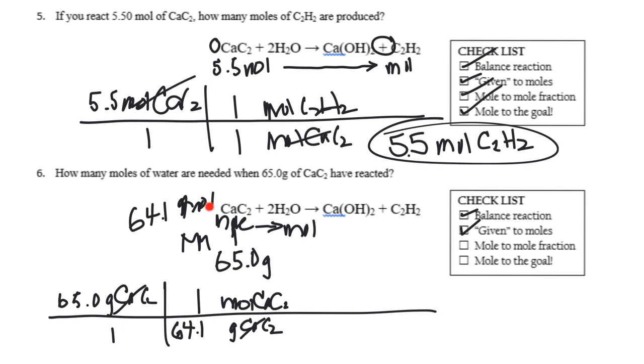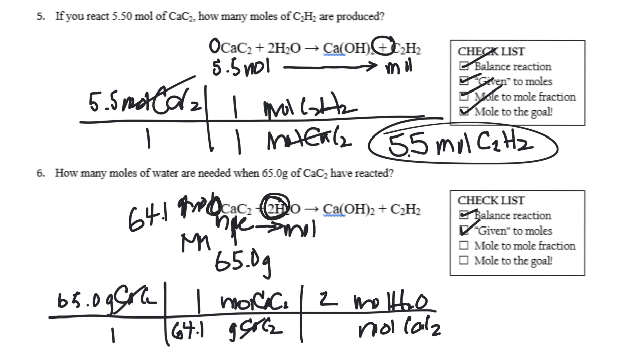Last step, I want to go from moles to moles with the mole to mole fraction. So moles of CaC2 comes down, moles of H2O go to the top. So I look in my equation, a 2 is next to water, so I put a 2 next to water.